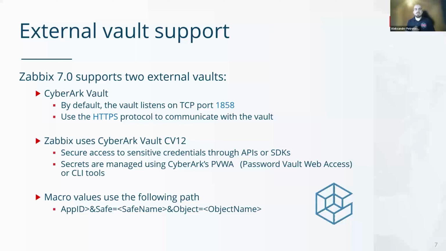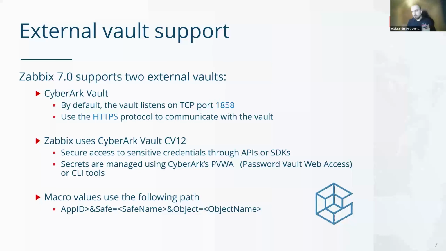And then there's another vault, the second one, the CyberArk. This one is not so easy, you could say, to get your hands on, right? It's a commercial solution. But the idea is very much similar. It also listens on a TCP port, but the port is different, which is 1858. It also uses HTTPS, since it also has a GUI of its own. And of course, since it's a completely different vault, the configuration also will be quite different.